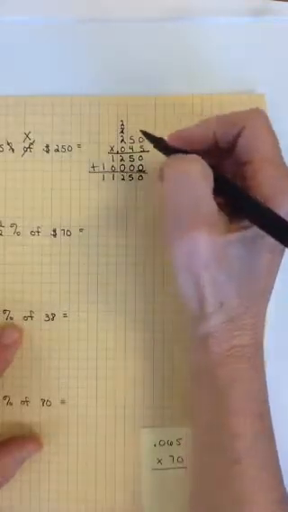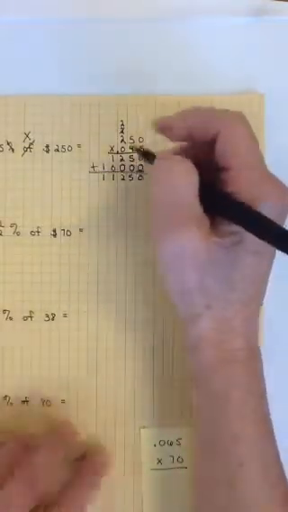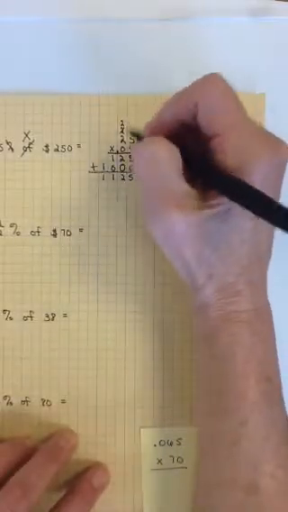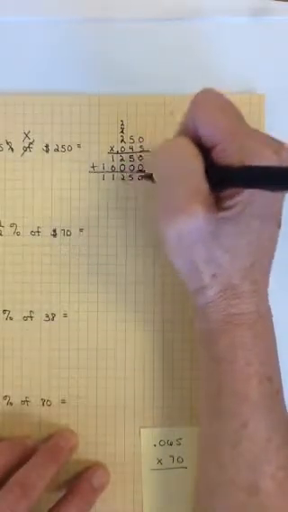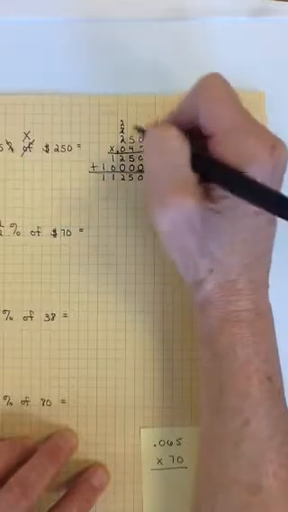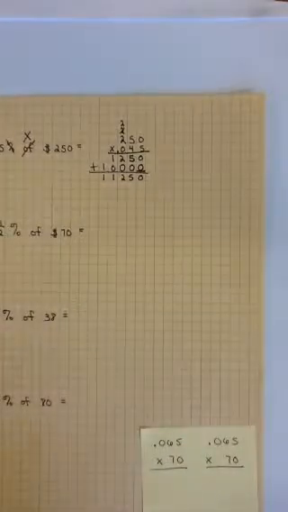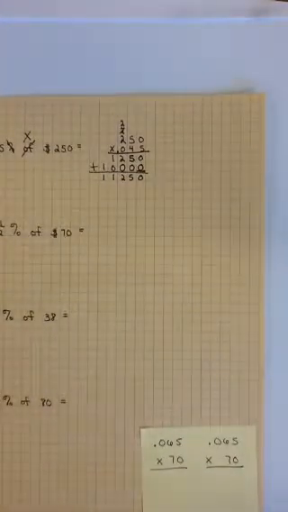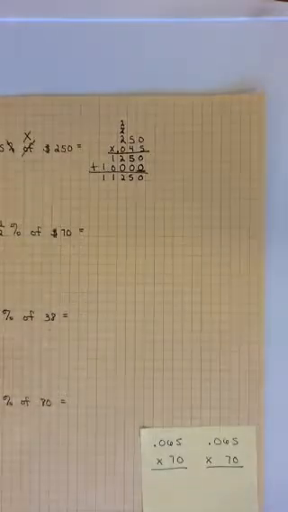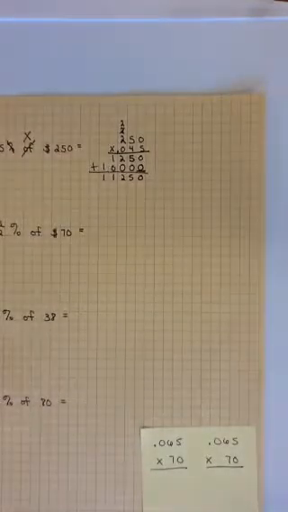Now, is that my answer? Not yet, because I haven't placed my decimal point in the answer. This is decimal multiplication, so we've got to go back to the problem and then count how many. Let me change colored pens here, just a moment. I'll get a highlighter so you can see.